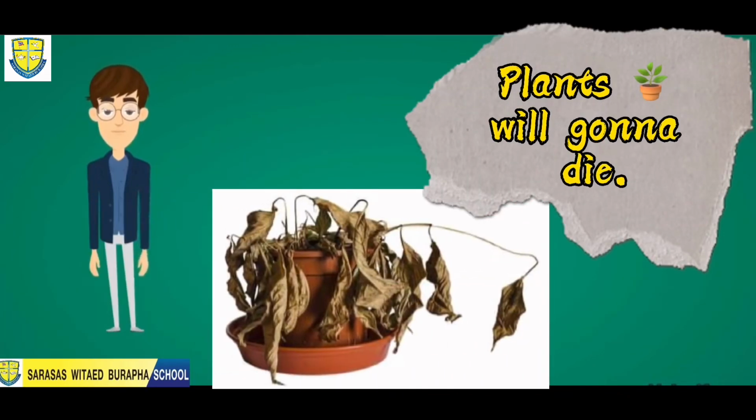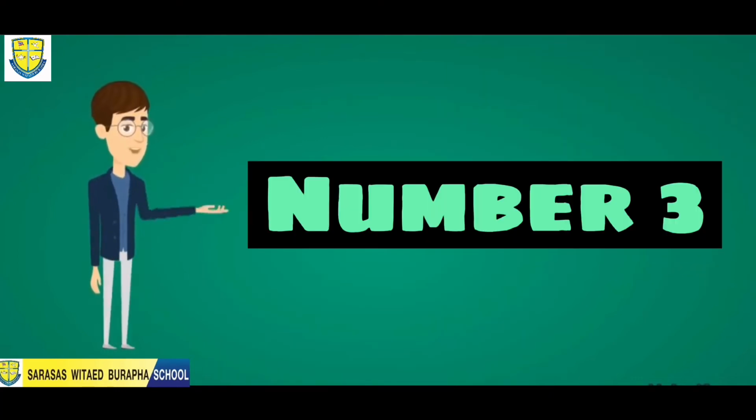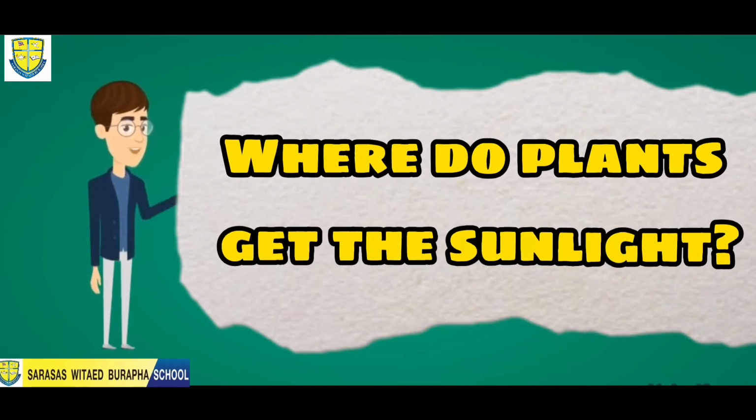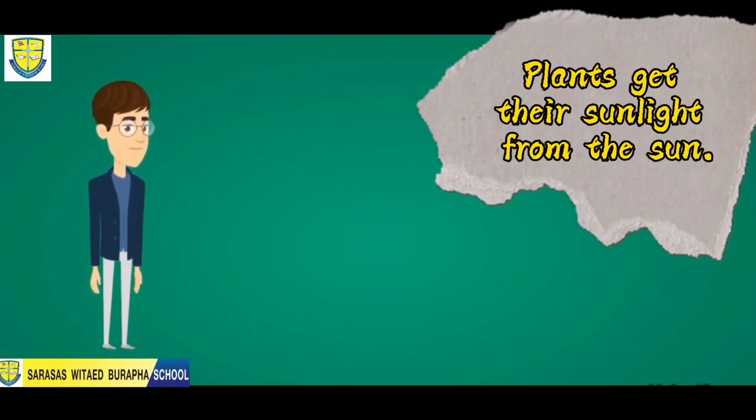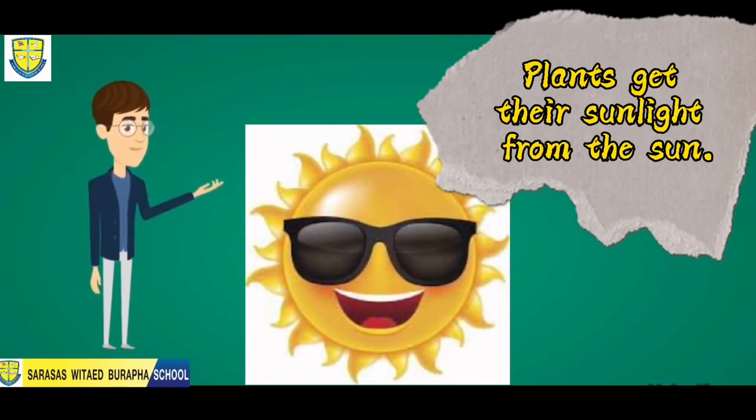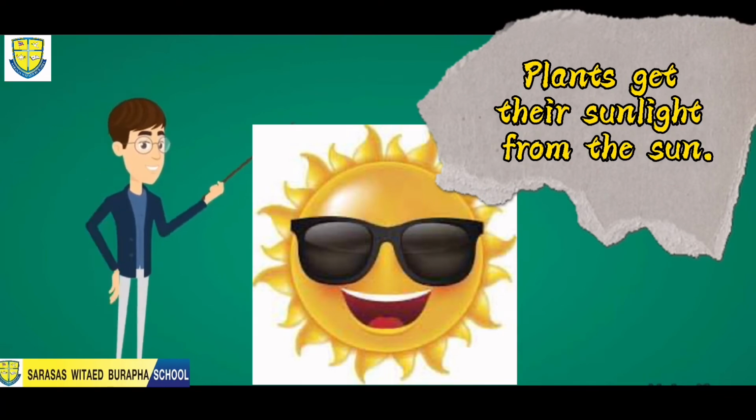The plants are going to die. Question number 3. Where do plants get the sunlight? Plants get their sunlight from the sun because the sun produces heat and light.